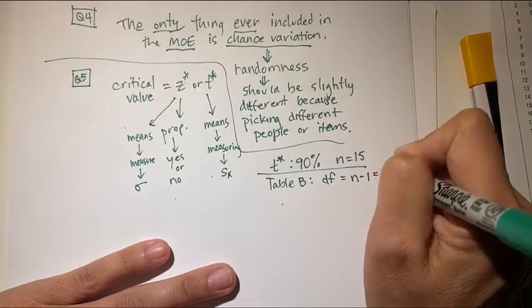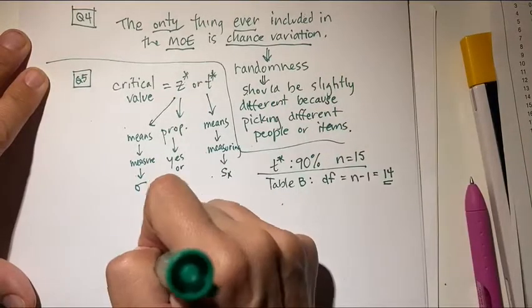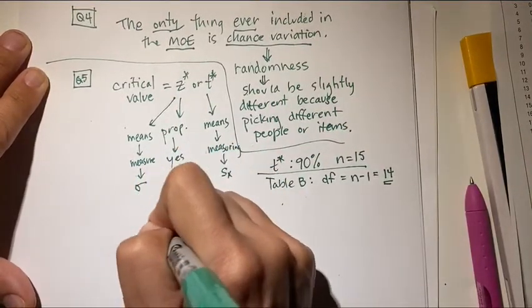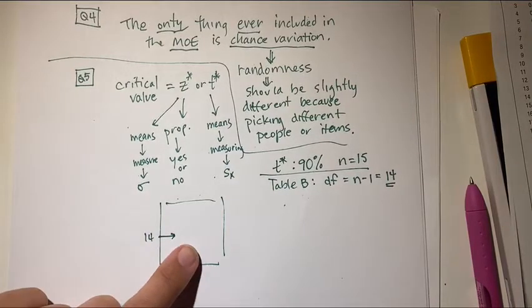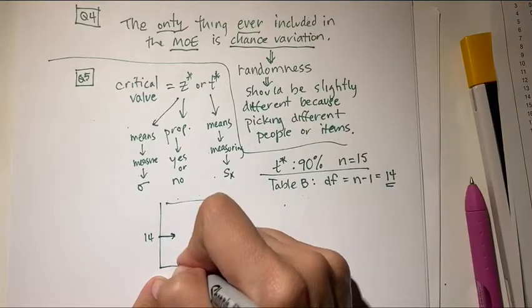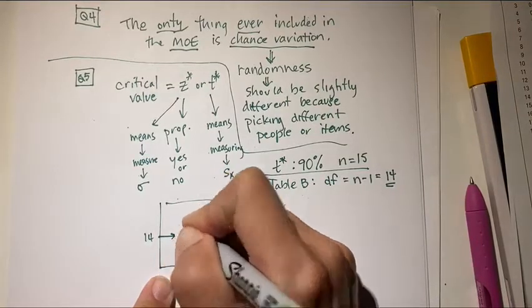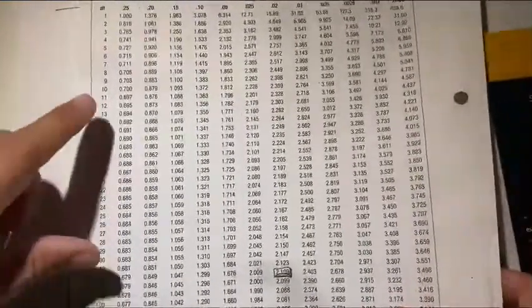So our degrees of freedom here would be 14. So I want to go on the table and find the number 14 and follow my finger across the row. Then what does the 90% do? I find the 90% on the bottom and I'm going to follow my fingers up until I find where I'm looking.